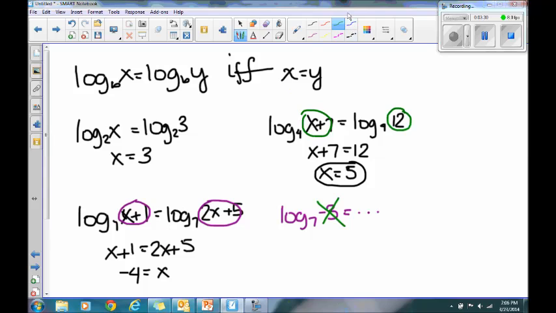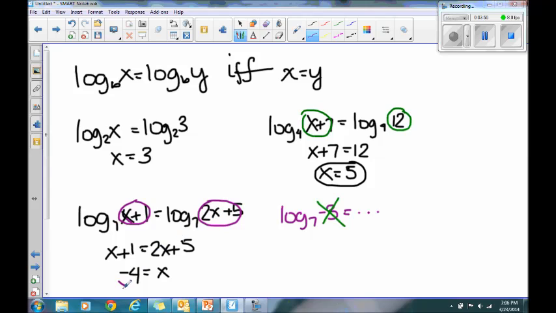So once we solve for x, we always have to take the number that we get for x, plug it back in to our expression, and make sure that we're within the domain of our functions, meaning when I plug the negative 4 in for x, I can't be asked to take the log of a negative number.